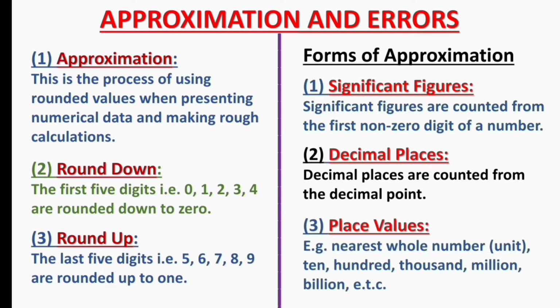While number 3 is place values. We can approximate numbers to nearest whole number, which is units, nearest 10, nearest 100, nearest 1000, nearest million, nearest billion, and so on. Please take note of this information concerning approximation.